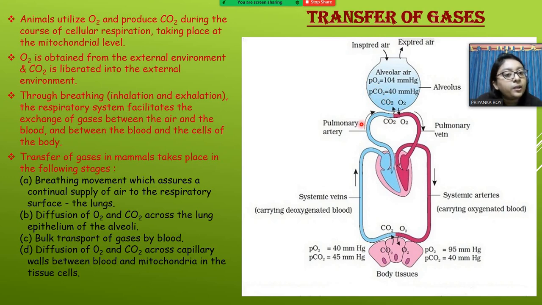air will come in contact with the capillaries. Now these capillaries already have CO2 rich blood because it is coming from different tissues, from whatever is expelled out from the cells.